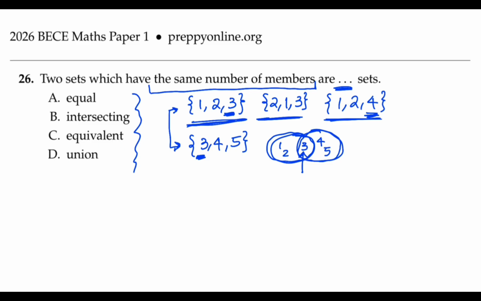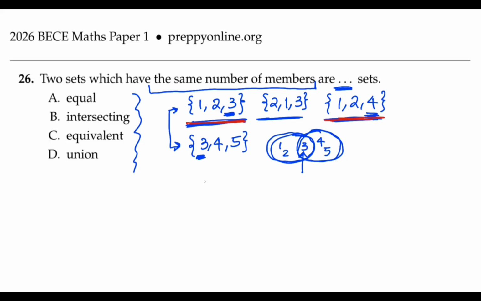Equivalent sets, that is what we're looking for. Equivalent sets are sets that have the same number of members or the same number of elements. So a set like 1, 2, 3 has 3 elements, and a set 1, 2, 4 also has 3 elements. So these two sets are equivalent. They are not equal, but they are equivalent.